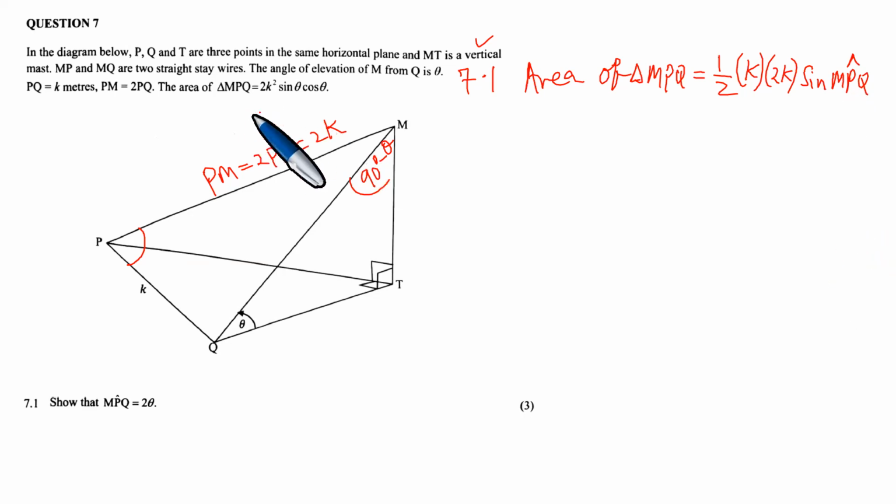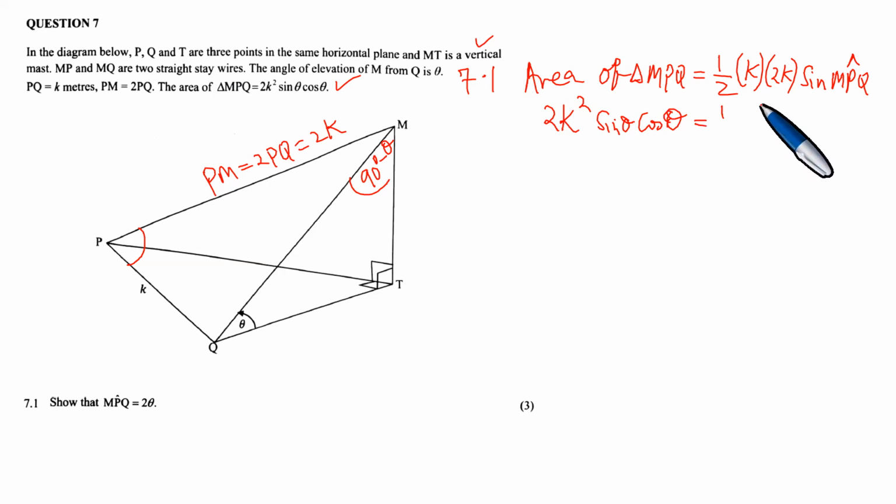I'm glad that you said they've already given it to us. What did they give us as? That one. So here, in the place of the area of triangle MPQ, we put 2K squared sine theta cosine theta, exactly what they gave to us, is equal to the other side of the equation.